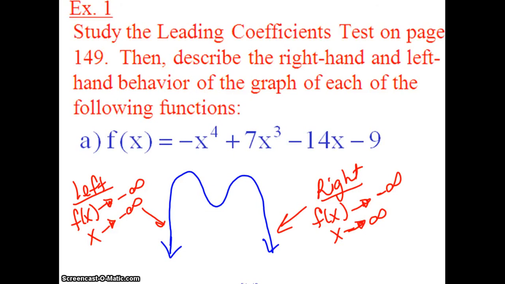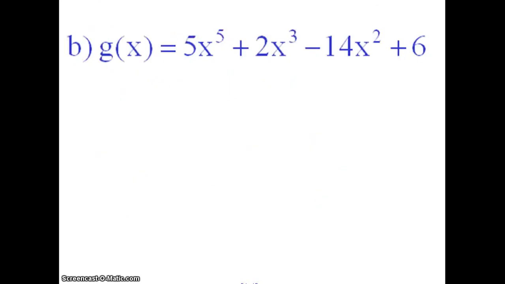Okay, try this one on your own. All right, what is the degree of the function? 5. It's an odd number. What's the coefficient? Also 5. It's positive.